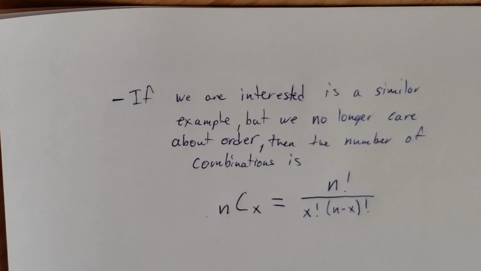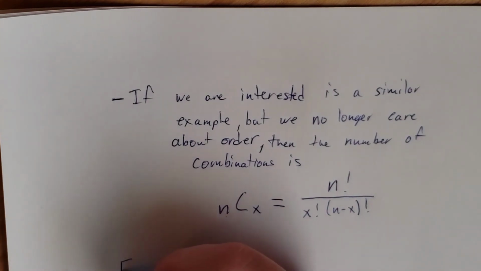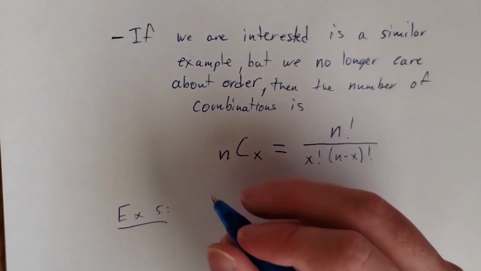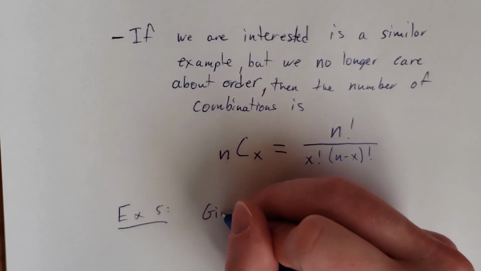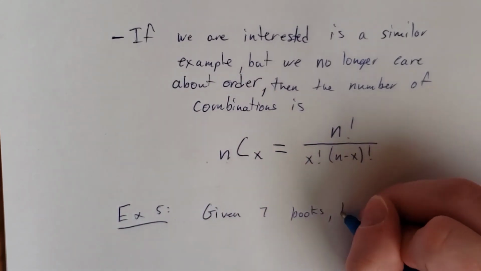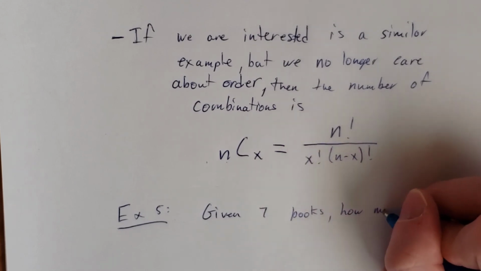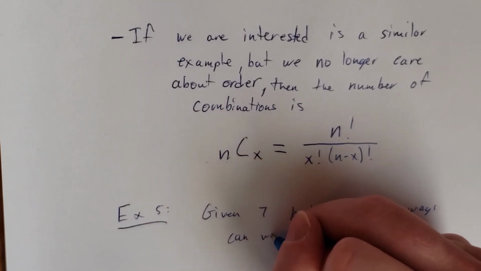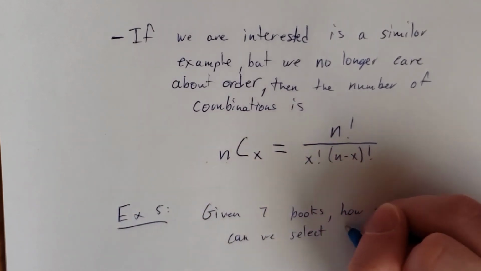So in other words, we could look at our previous example here. Given 7 books, how many ways can we select 4 books?